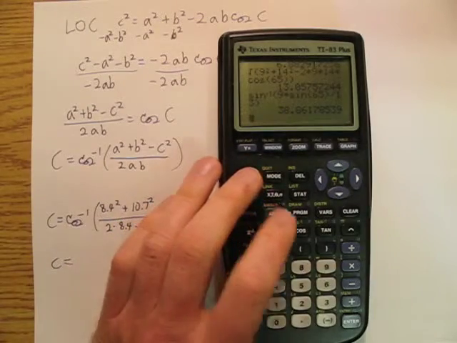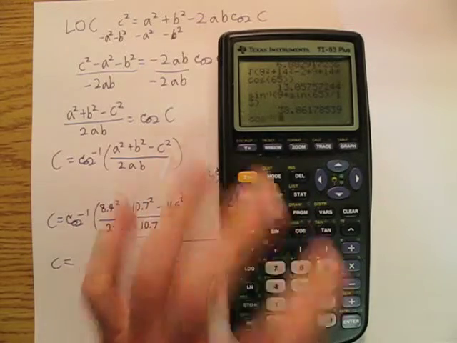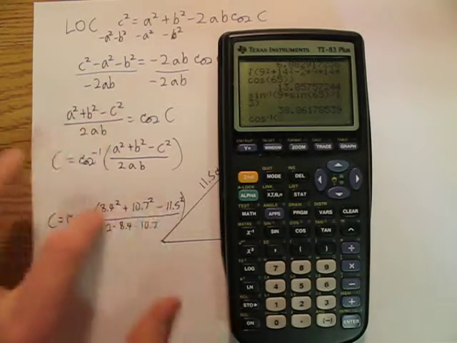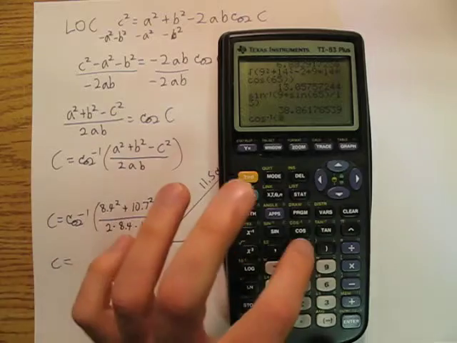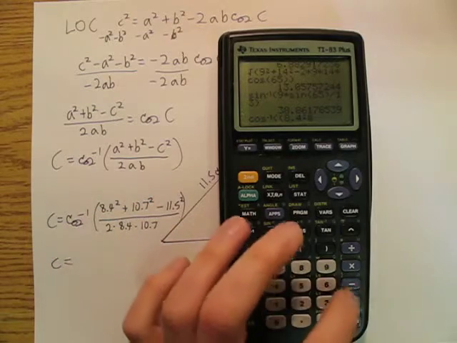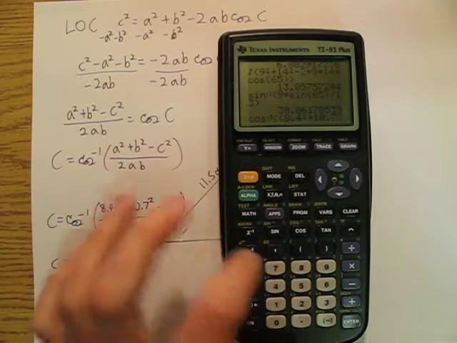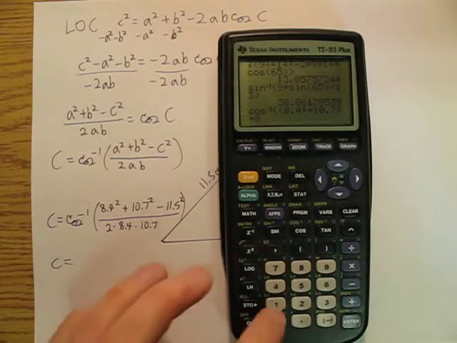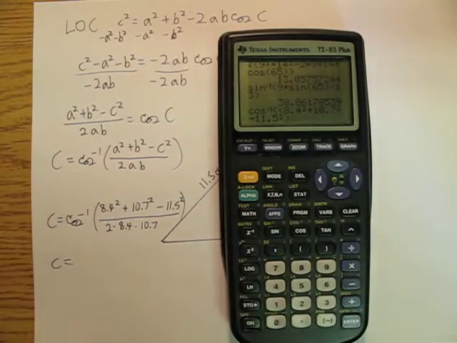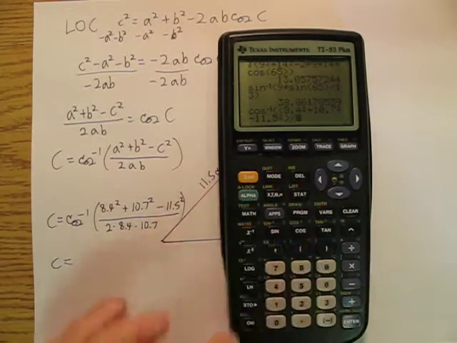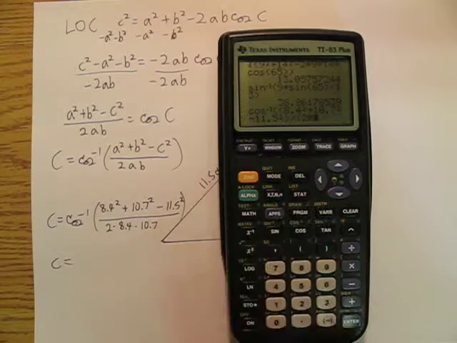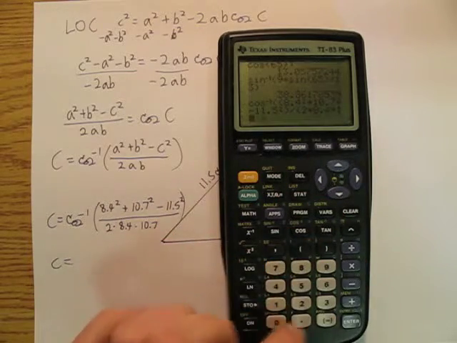Okay, so instead of hitting cosine, I do second cosine. That gives me the cosine inverse. Now all that numerator needs to be in a set of parentheses. So I'm going to start a brand new parentheses, and I'm going to go 8.4 squared plus 10.7 squared minus 11.5 squared, and that closes out my numerator, so I close the parentheses, and I divide it by, let's open up a set of parentheses for the denominator, 2 times 8.4 times 10.7.